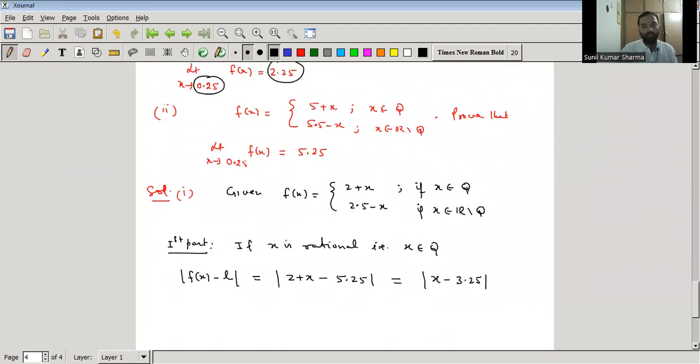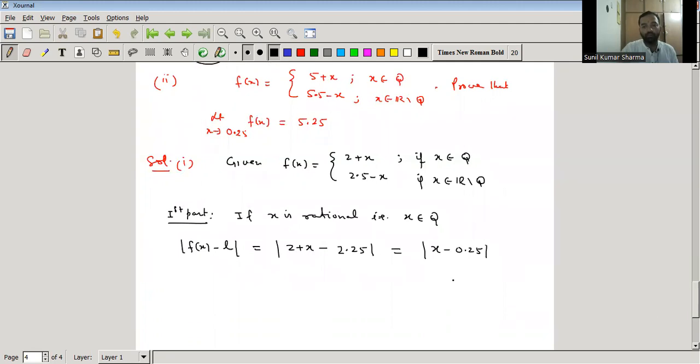So we take L to be 2.25, not 5.25. When we take the difference, it is x minus 0.25. So when we estimate mod f(x) minus L for x belongs to rational, then we get mod x minus 0.25.